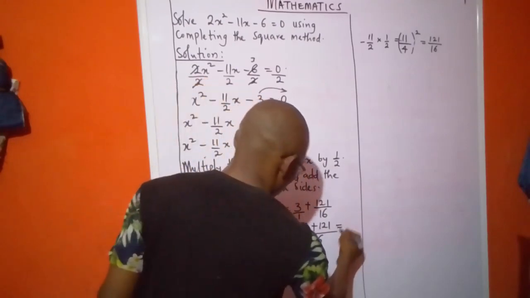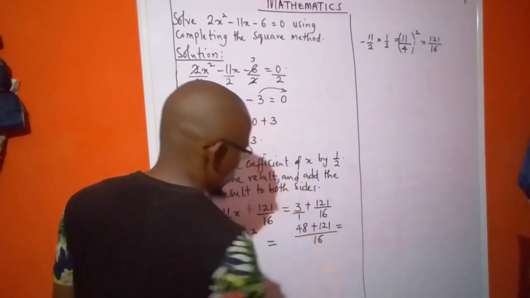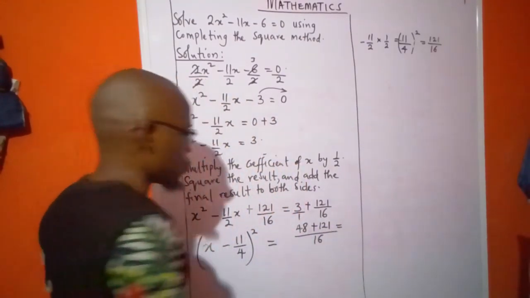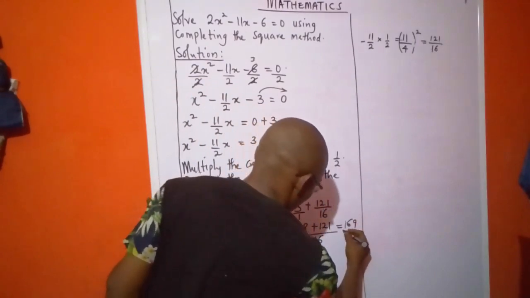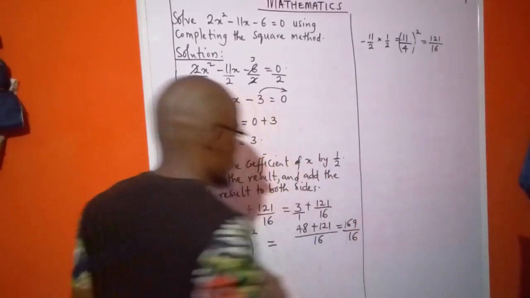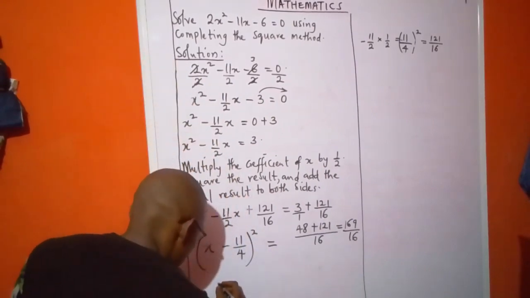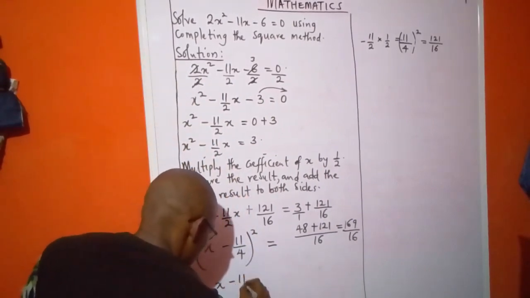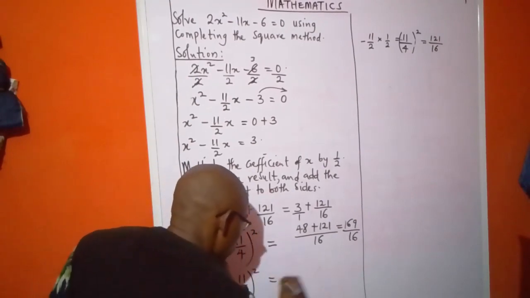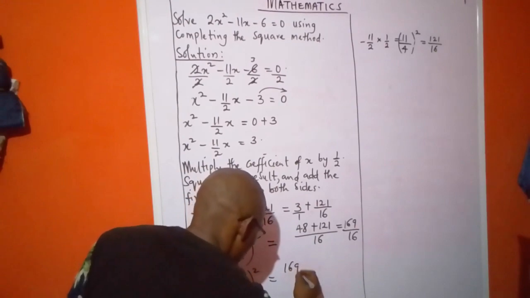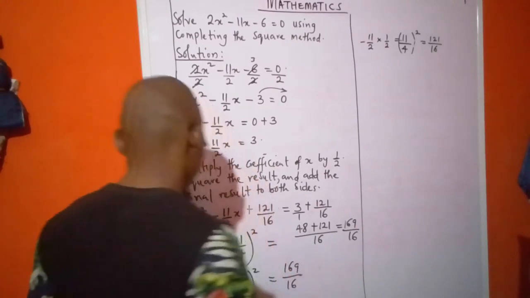So let's add this up. 48 plus 121 will be giving us 169 over 16. Okay. So which means x minus 11 over 4 all squared equals 169 over 16.